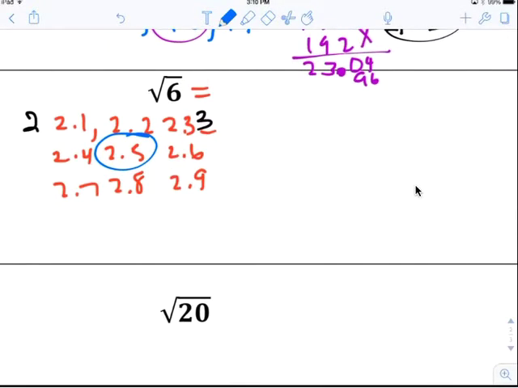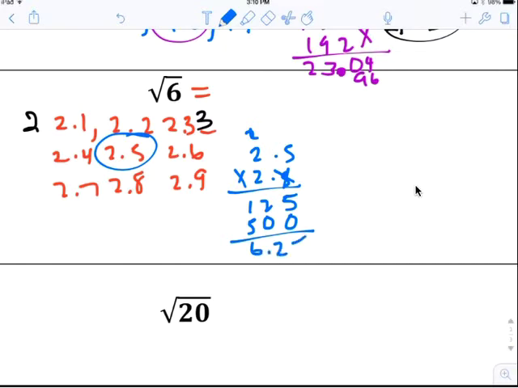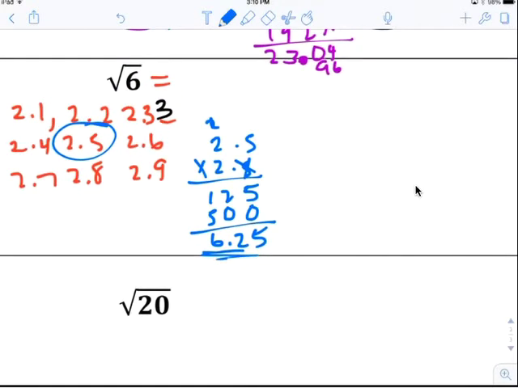Okay, so we do 2.5 times 2.5. Oh, it's just a little bit over. This is 6.25, just a little bit over. Okay, so 2.4 maybe.